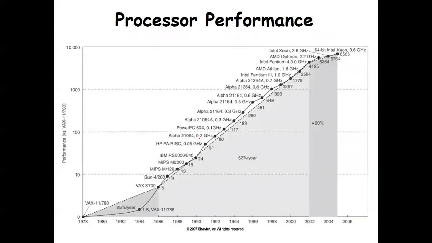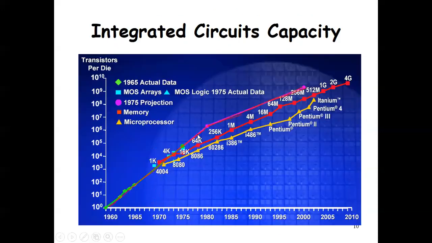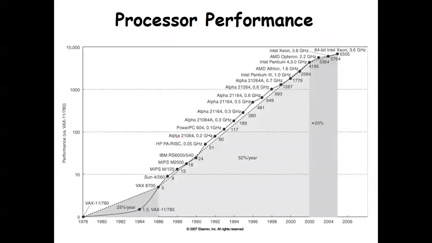Again, this is also the same kind of plot of various processors. This plot considers only Intel processors, whereas this includes all other processors also, like PowerPC and IBM computers, showing how the performance of these computers was increasing over a period of time.